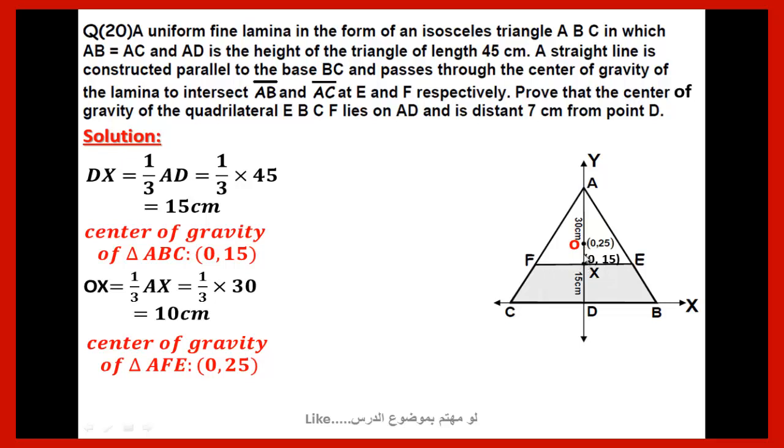So OX equals 10 with respect to D, so the center of gravity of the lamina AEF is the point 0 and 25, because 10 plus 15 equals 25 vertically. So the center of gravity of triangle AEF equals 0 and 25.